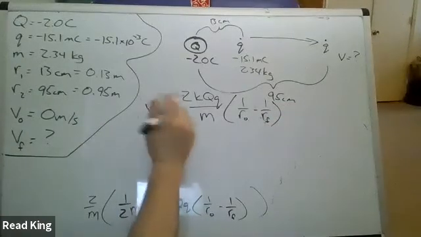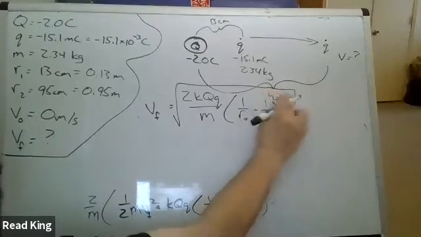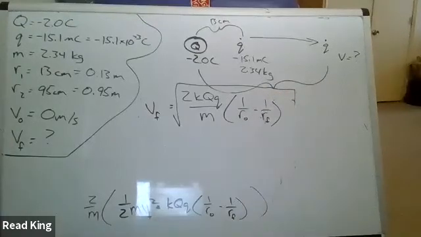To get rid of the square, we can just square root both sides. Looks like a bit of a nasty equation, might kind of be, except we now have everything in. We can plug our numbers in and get our answer.